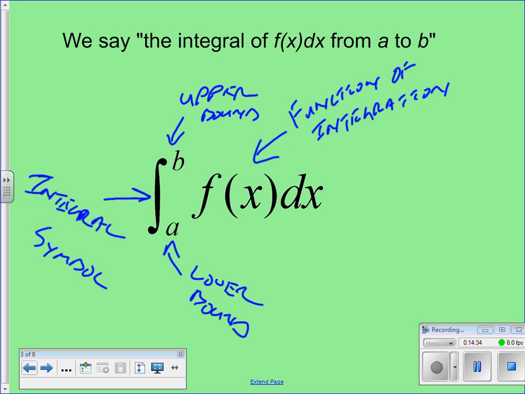That's the function we're integrating. And this is the variable of integration. Ran out of room. Sorry about that. Deal with it. Variable of integration.